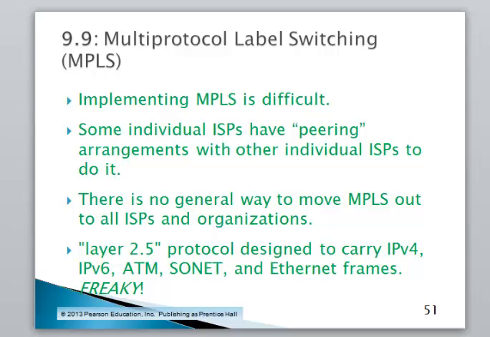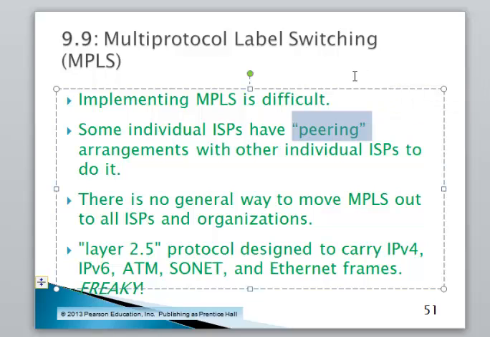It's less of a protocol that you're using inside the network, inside the corporation. Since there's not one company that owns all the ISPs, it's hard to roll out MPLS in a coordinated effort. So that's why you have these peering arrangements where two or more ISPs agree that they're going to start using MPLS because it's more efficient.